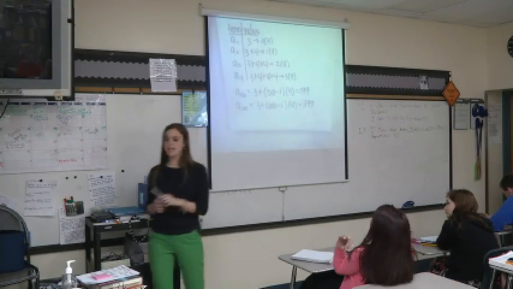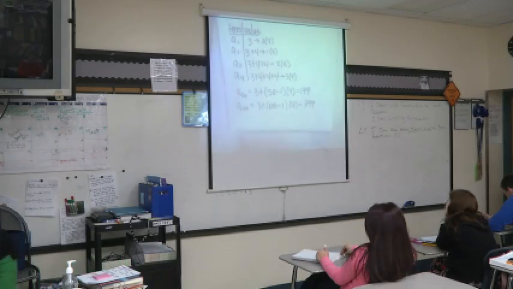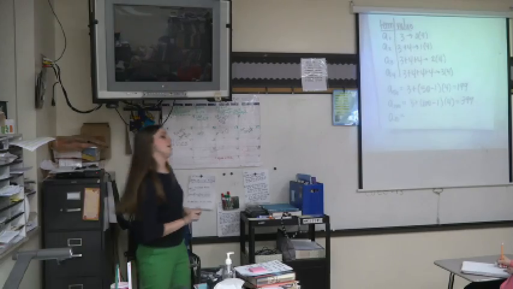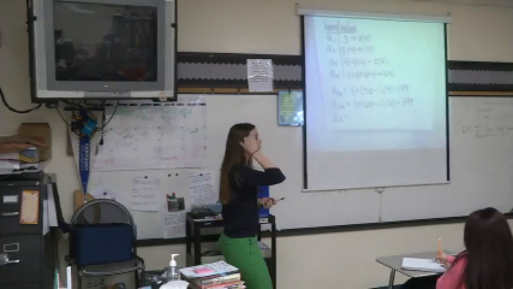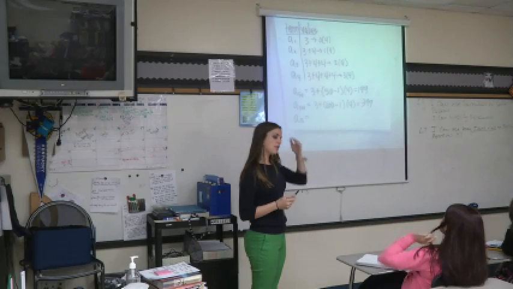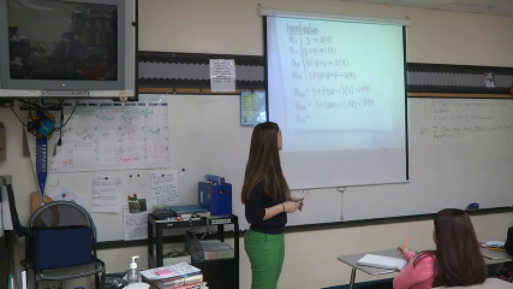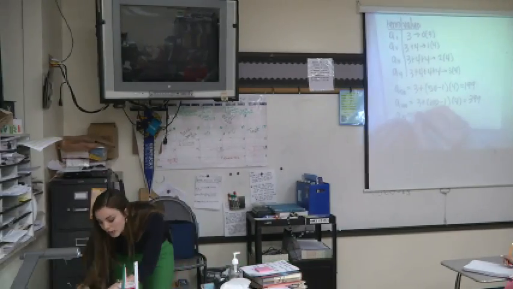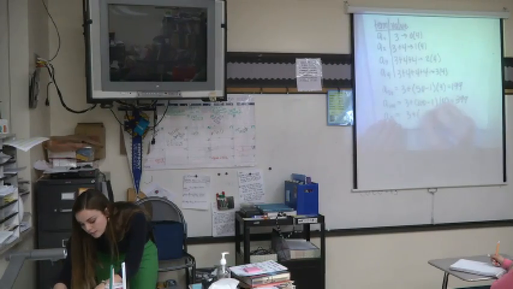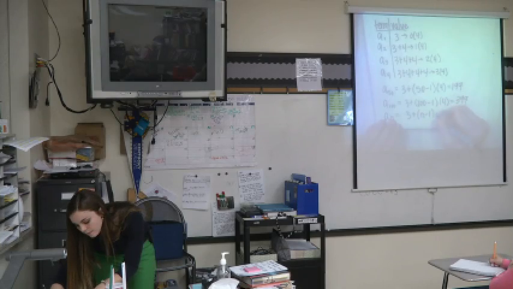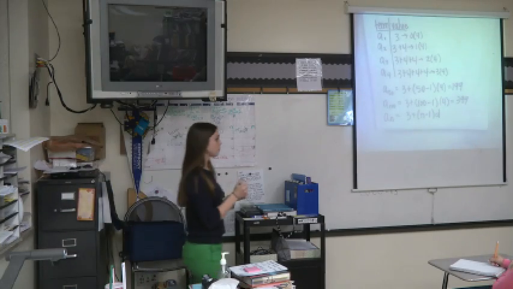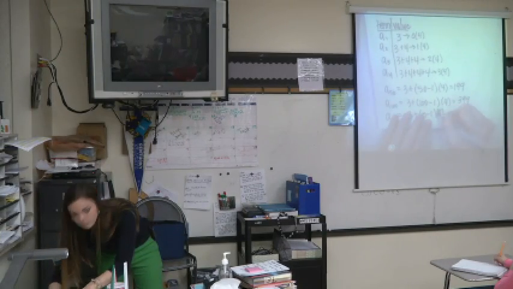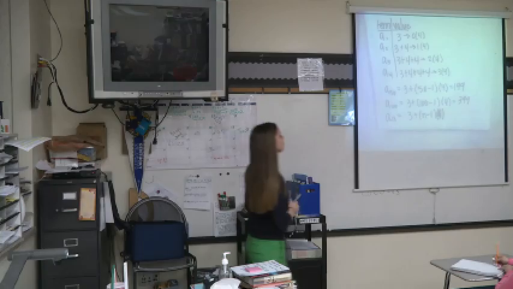A sub n. And if we do what Caleb told us to do, all we need to do is put our n where our term value was. So you should have got 3 plus, except it's 4. Sorry. So that's a 4.